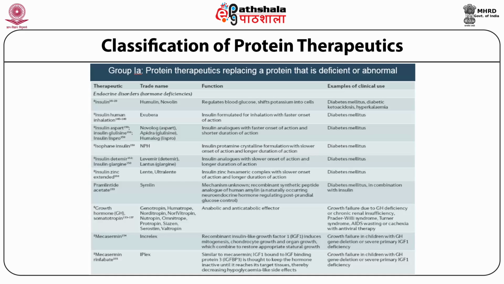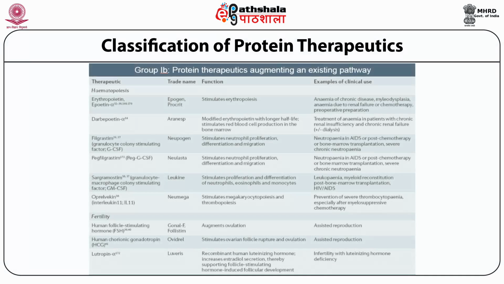In this table, the therapeutic or endocrine disorder along with the trade name, function and examples of the clinical use are summarized. This table summarizes group 1B, the protein therapeutics which augment an existing pathway. So several examples like erythropoietin and many other growth factors are given in this table.